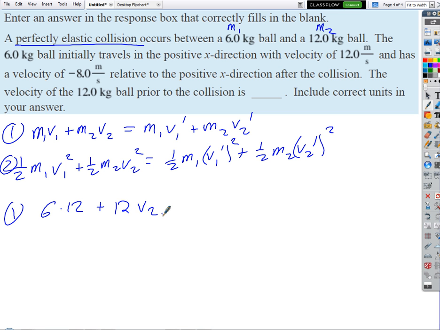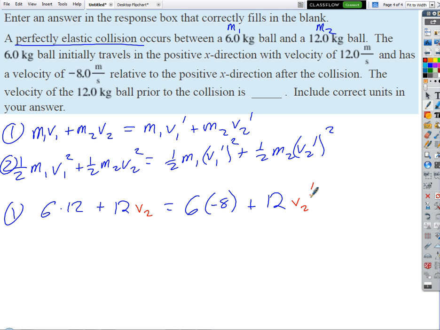We'll make that red because it's a variable, to make it stick out. Equals M1, which is 6, times my final velocity, which is -8, plus 12 V2 prime. So there's equation 1 if I plug in all the stuff that I know.